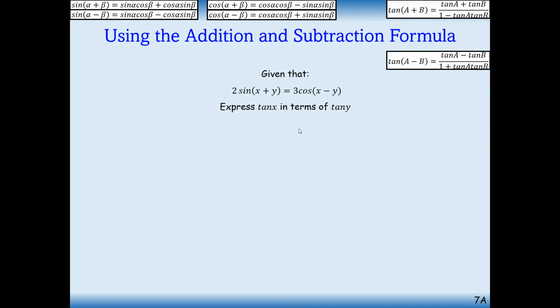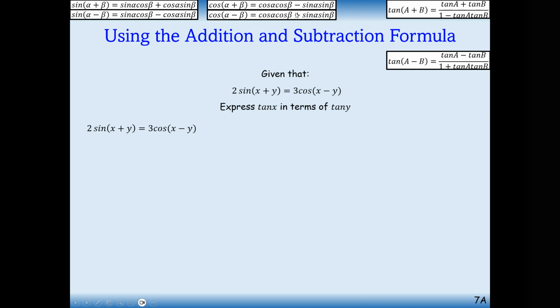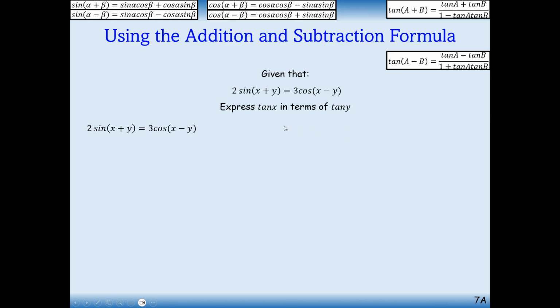So we're going to have to use our trigonometric identities that I've put on top of the page here, sine of x plus y. We're going to expand that and write it as such, and write cos with the same formula.